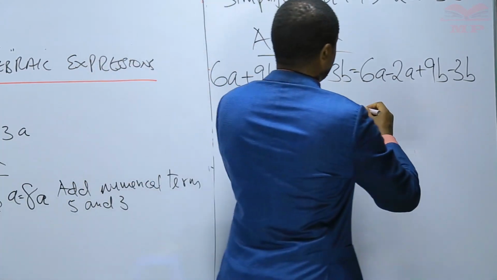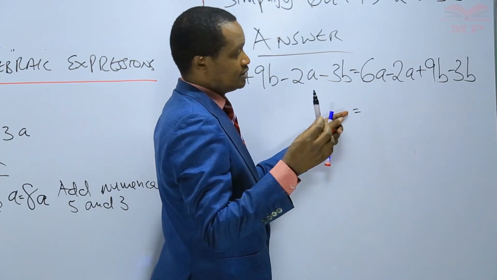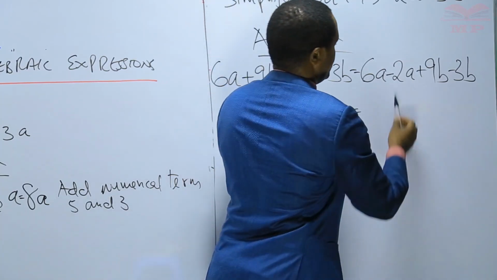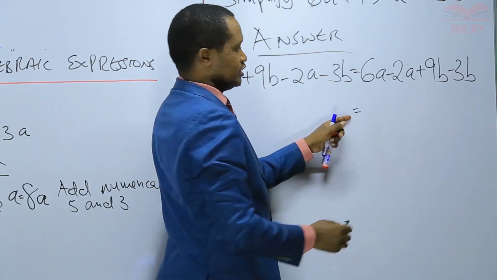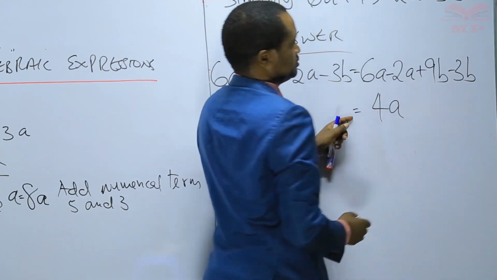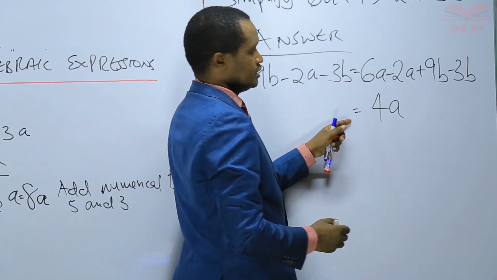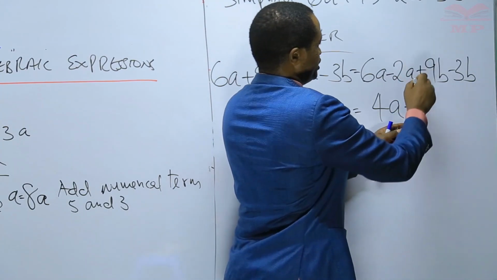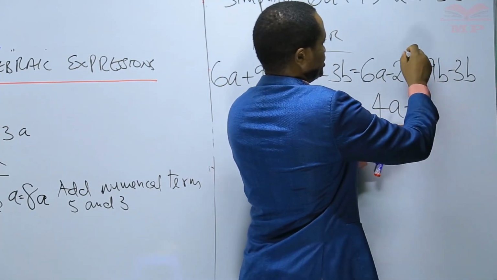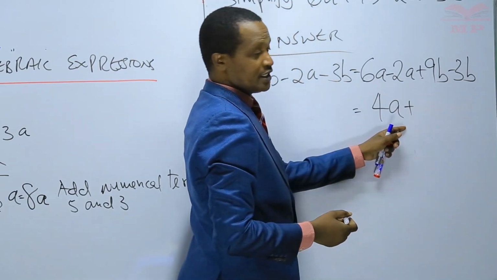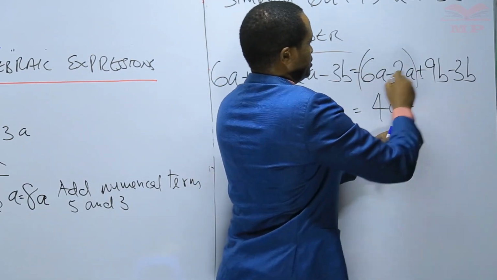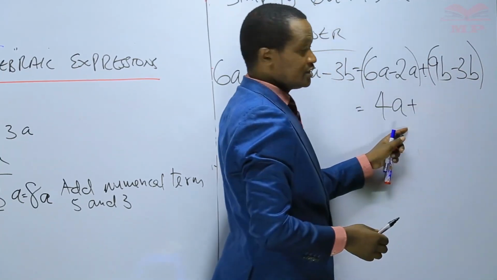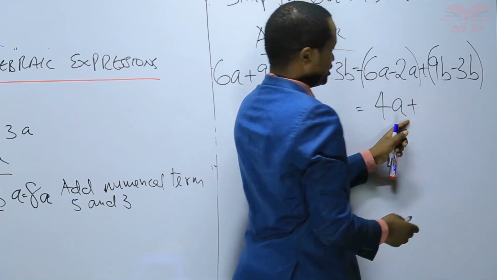Then the next step is to add and subtract. Here, we will subtract 2 from 6 to give us 4a. Then we write plus, because these two groups are joined by a plus. We are subtracting in both cases, but they are joined by a plus, so we write plus.